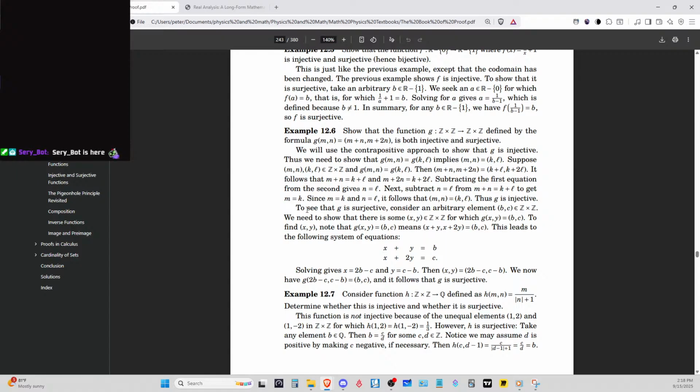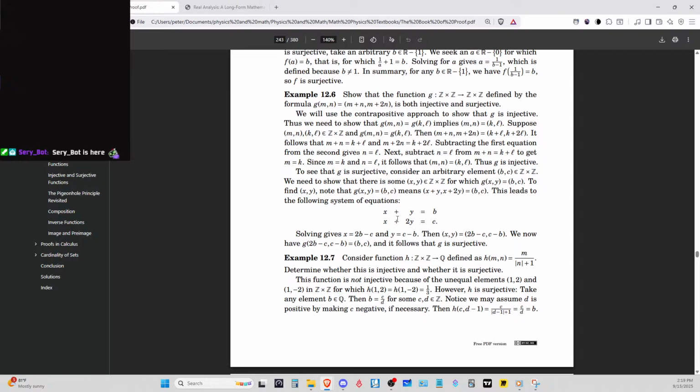To see that it is surjective, consider arbitrary elements, and we need to show that they are equal. Please note that this means it leads here. Yeah, it's like a system of linear equations here.